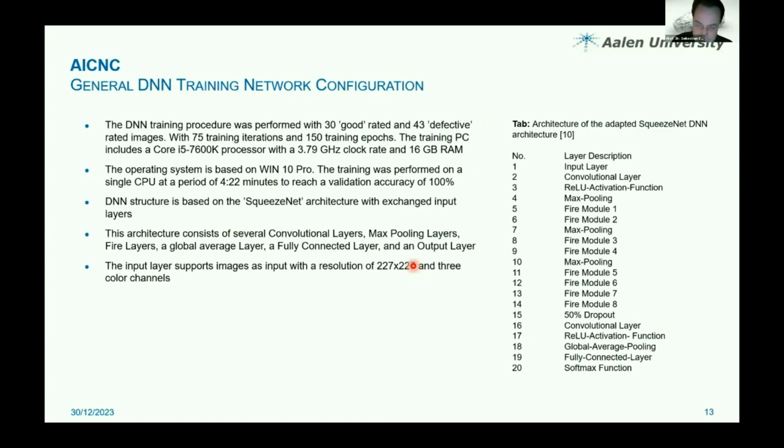Here you see we have at least 20 main layers, and the network consists of some fire modules, pooling layers, and so on, and at the end, we have a softmax function that gives the weights for each assessment of the network.